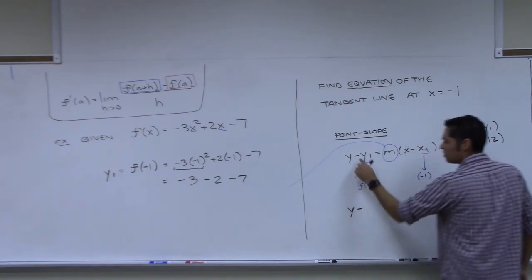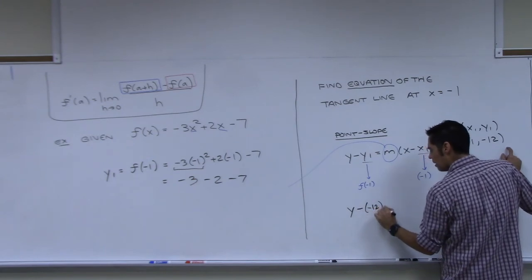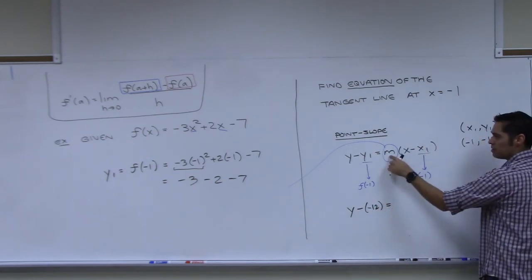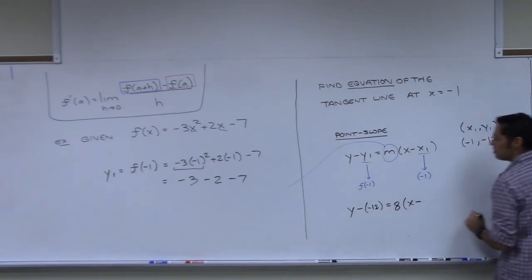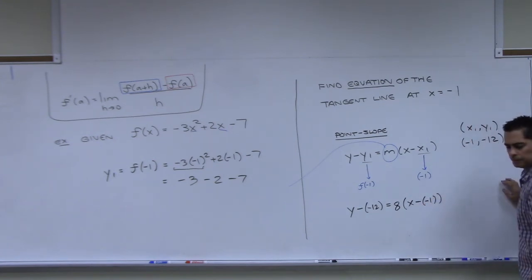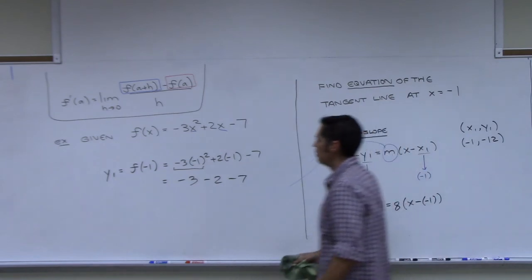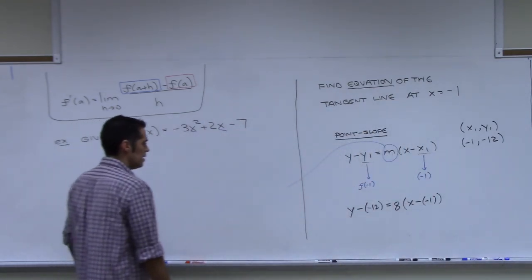y minus what? -12 equals m, which is 8. I erased it, but m was 8. And then x minus -1. Let me clean this up a little bit.